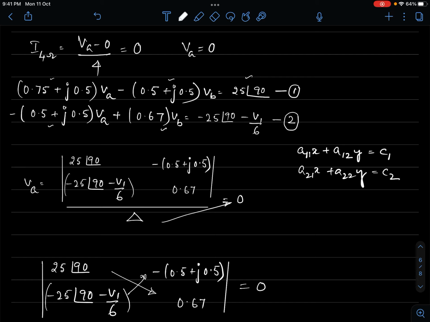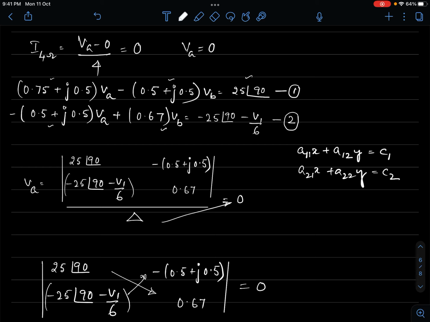These are my two simultaneous equations. Okay, so a11, a12, a21, a22, they may be complex numbers, they may be simple numerals. C1 and C2, they may be constants or they may be variables. If there are variables, they need to be evaluated, as the case here is.